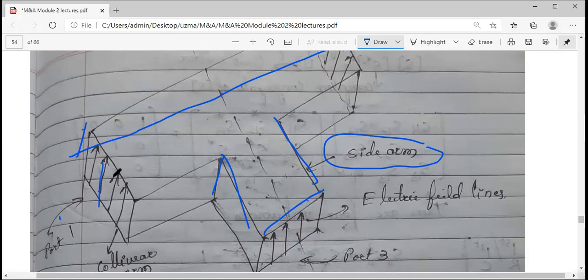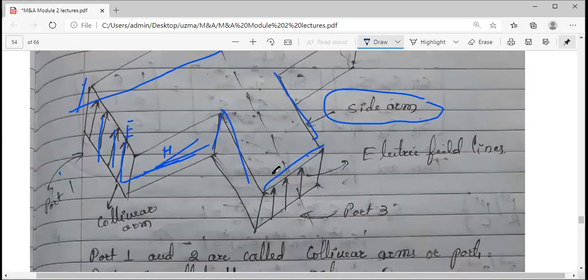Because the straight lines here indicate the electric field, and you know that electric and magnetic fields are perpendicular. So in the horizontal direction your H field will be. You can see the arm we have attached and this H are parallel. Because of that we call the side arm the H arm.